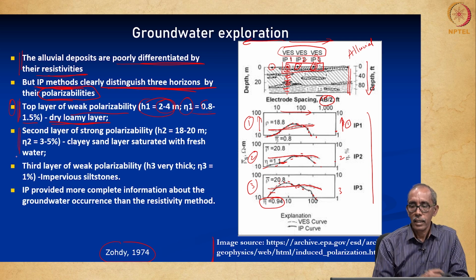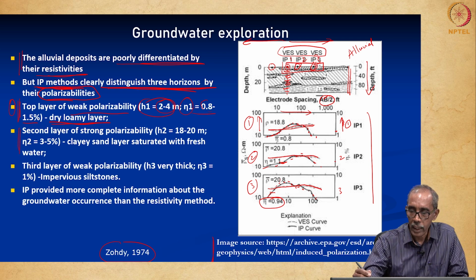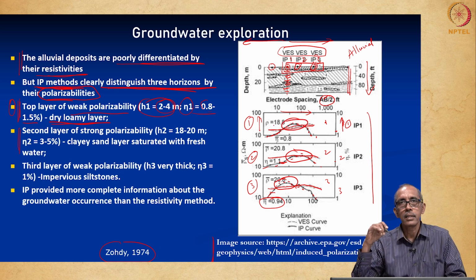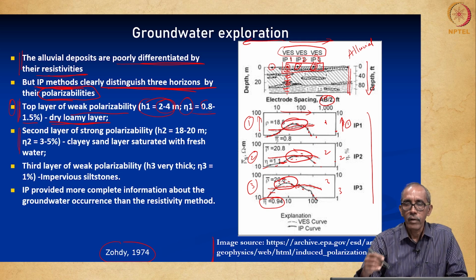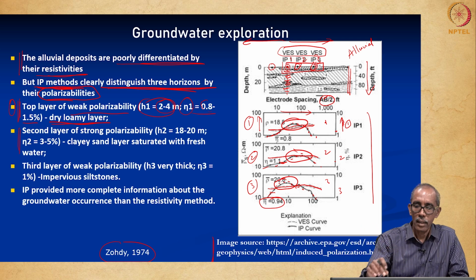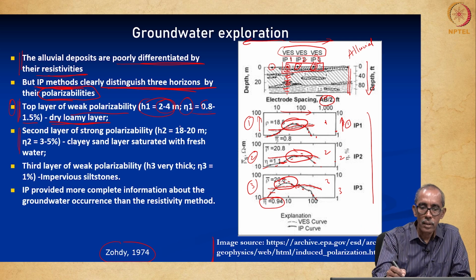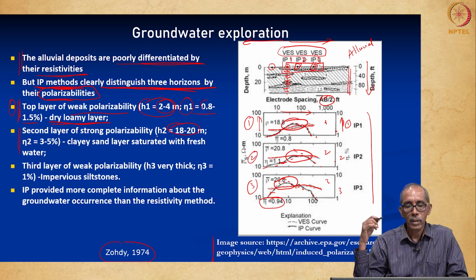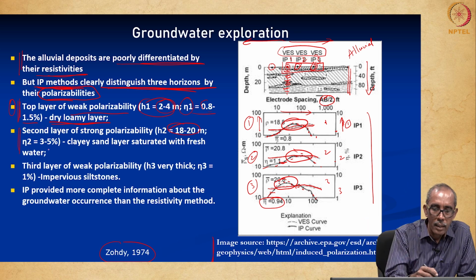Second layer is strongly polarizable. We can see in all the 3 diagrams, 1, 2, 3, that is this part. At all the 3 locations, right, we have measured very high chargeability at the second layer. The thickness of the second layer is expected to be about 18 to 20 meters, right, and the chargeability is a little bit higher.